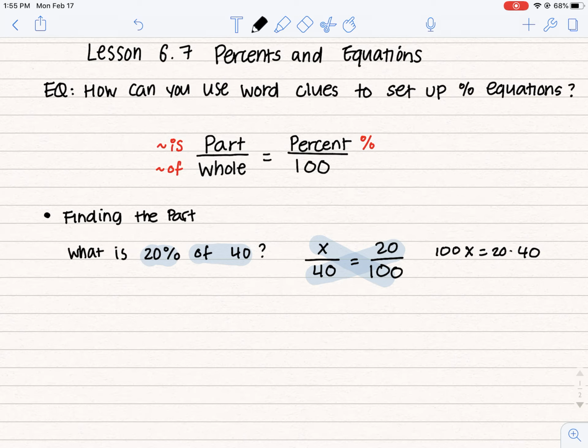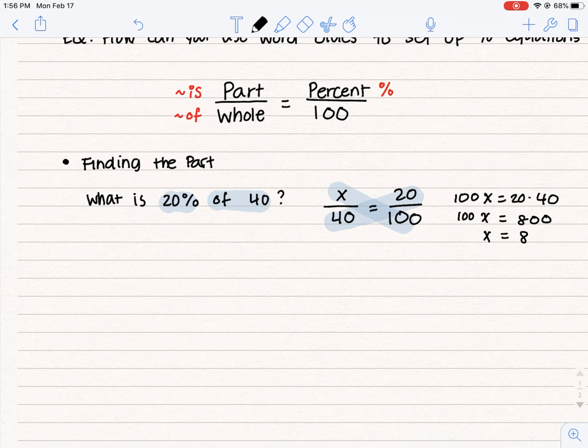So 100x is going to equal 800. X is going to be 8. So what is 20% of 40? 8 is going to be 20% of 40. Okay, so that's how to find the part.